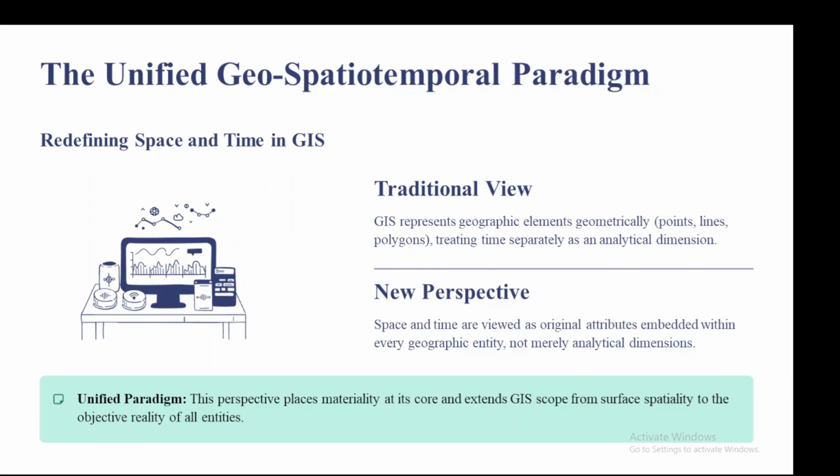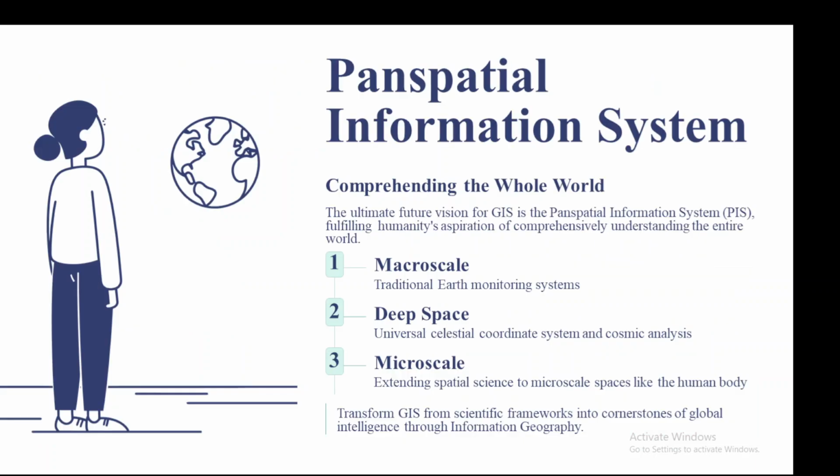The ultimate vision is the pan spatial information system. We will talk a little about this as well. We also call it PIS. This is the grand vision of the future, where a GIS system is so comprehensive that it aims to describe and understand everything that exists in the space.